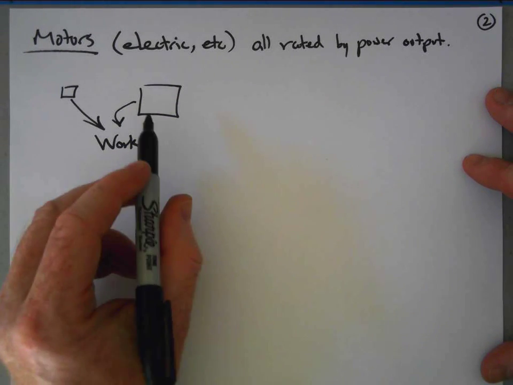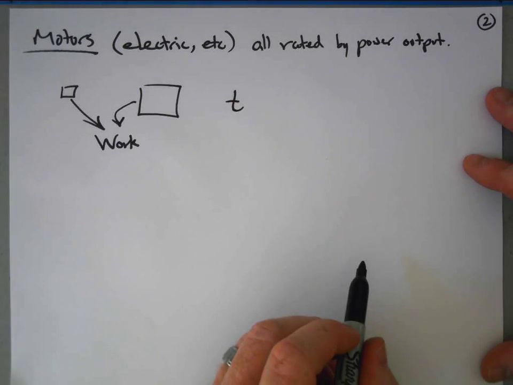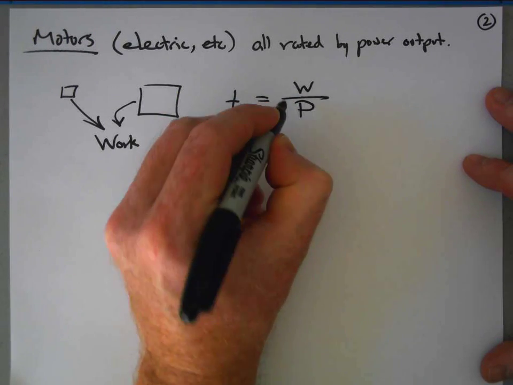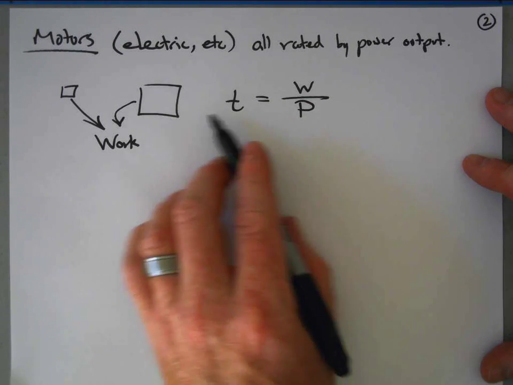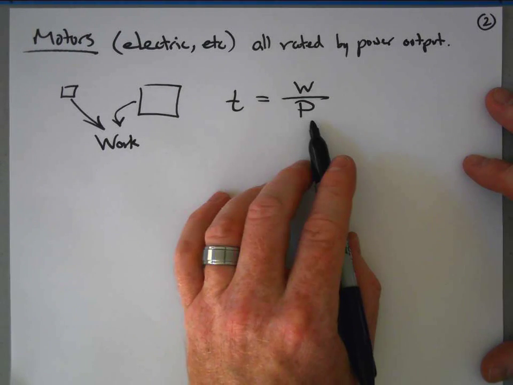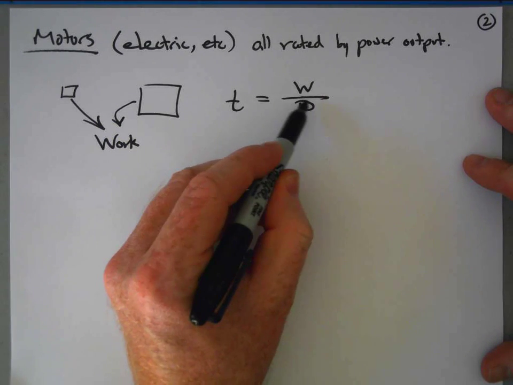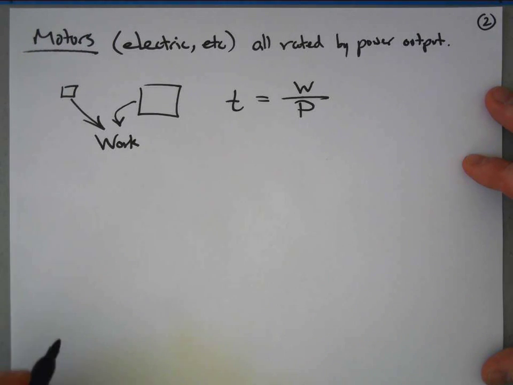So how quickly they get that work done is the time. And so you look at the work done divided by the power output of the motor, and if the power output is larger, typically from a larger motor, then it will take less time. And a smaller power output will decrease this value. It's going to take more time to get that same amount of work done.